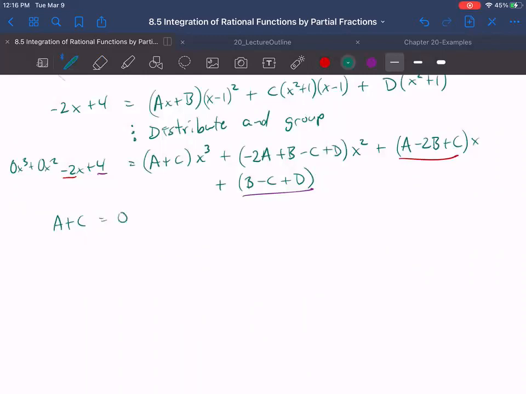equals 0, negative 2a plus b minus c plus d equals 0. We'll get a minus 2b plus c equals negative 2, and b minus c plus d equals 4.